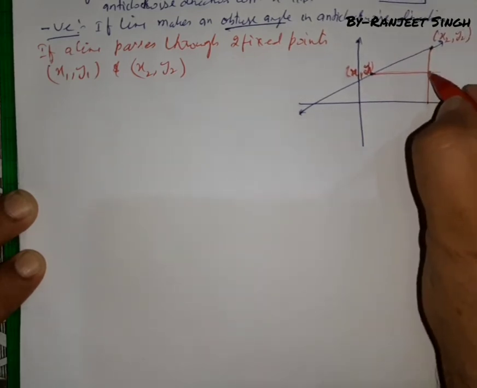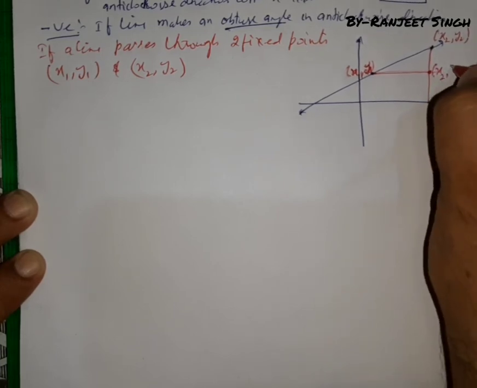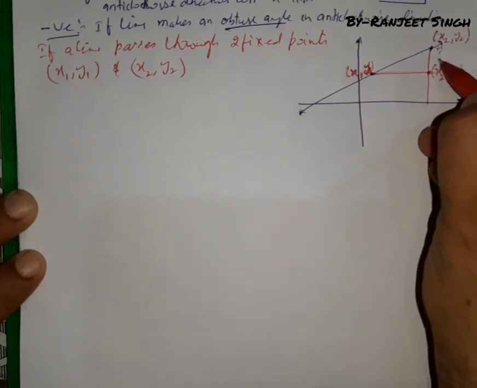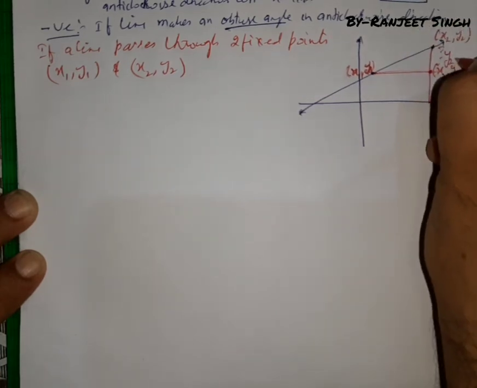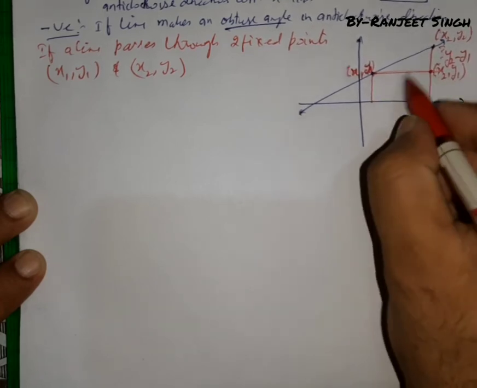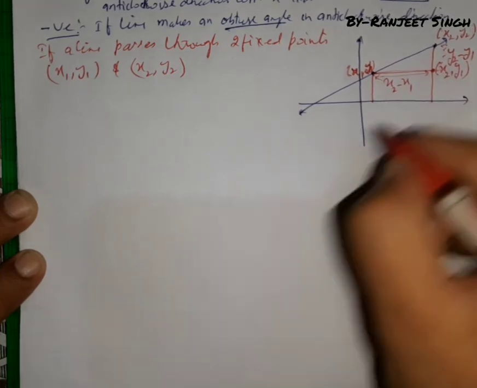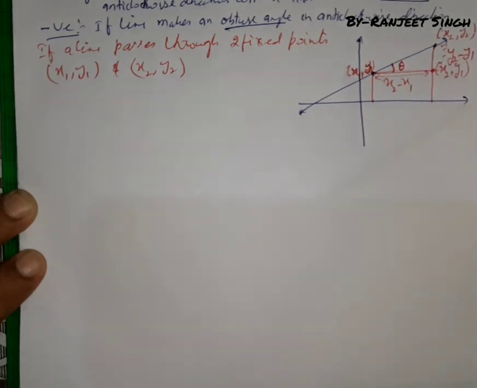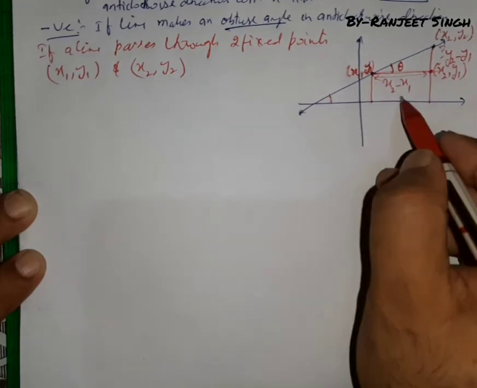So here this point will be x2 comma y1, and now if I look at this length, this will be y2 minus y1, and similarly this length will be x2 minus x1, and now this is theta, so angle with the x-axis, or this angle is equal to also this angle if these two lines are parallel.